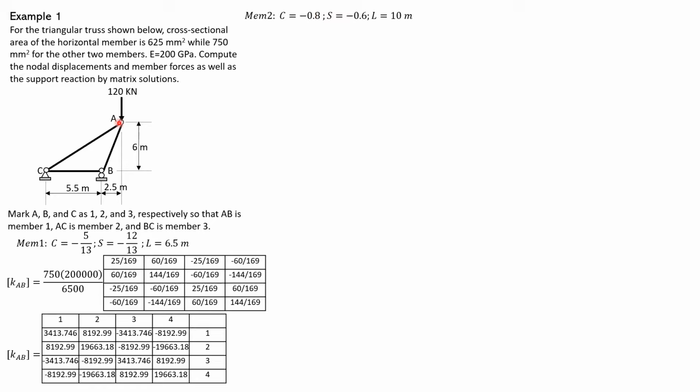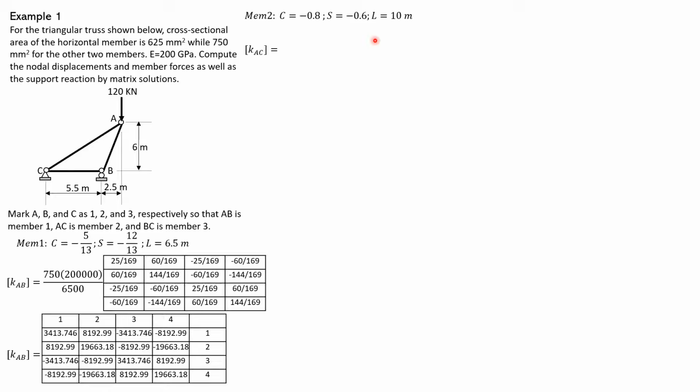The sine function is y, so going down is negative 6; the opposite is 6, but negative, over 10, so negative 0.6. The length is 10, the square root of 8 square plus 6 square.